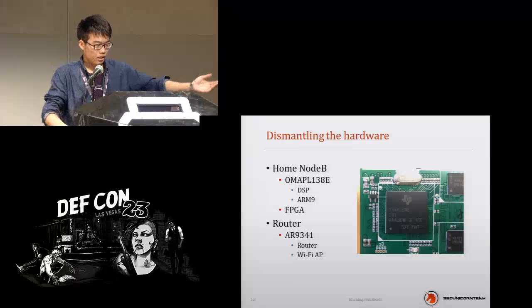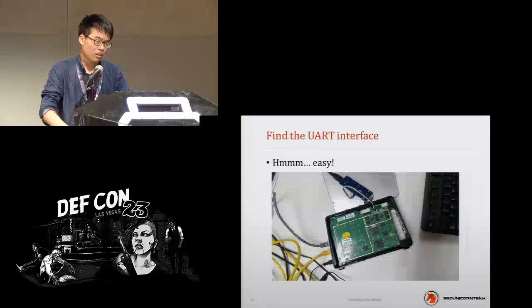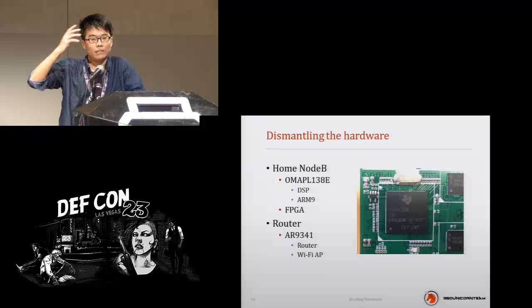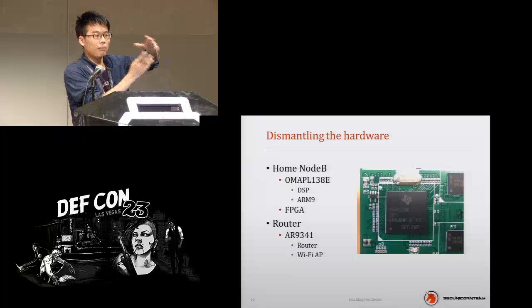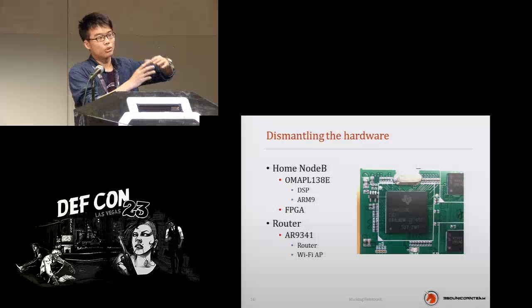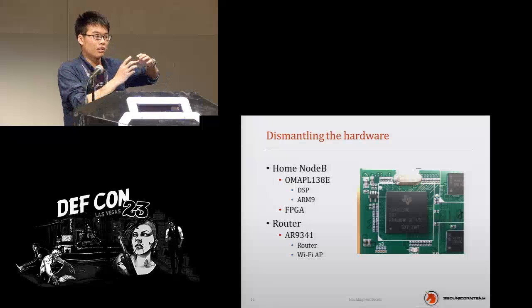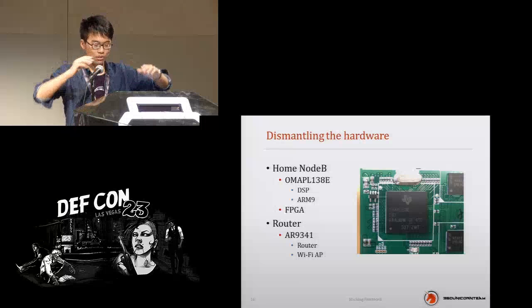The router is an AR9341, and it has a router and one Wi-Fi interface. If you have hacked embedded devices before, you will know that almost all devices have a debug port on their board, so the developer can develop and debug through this port. So what we do is just find it.